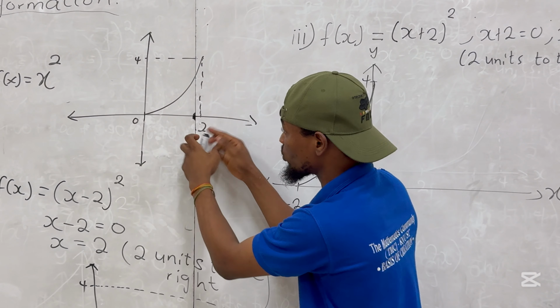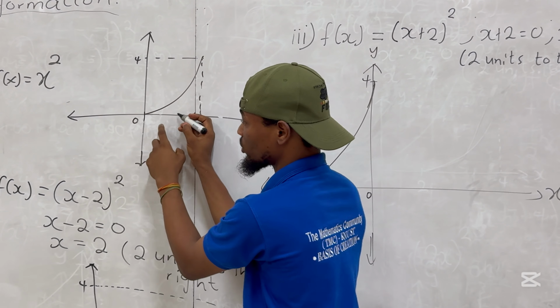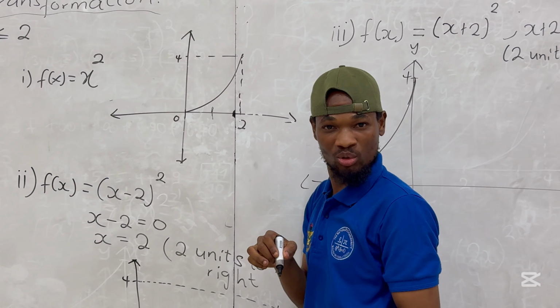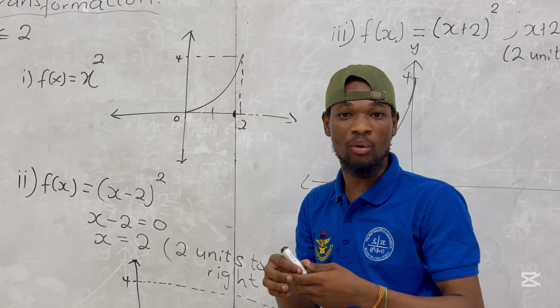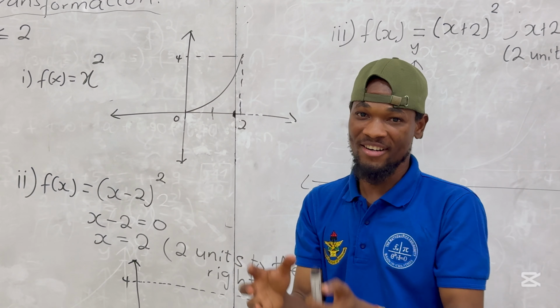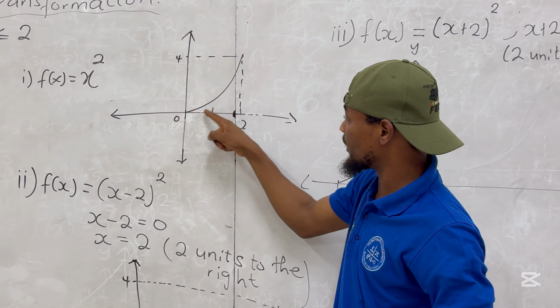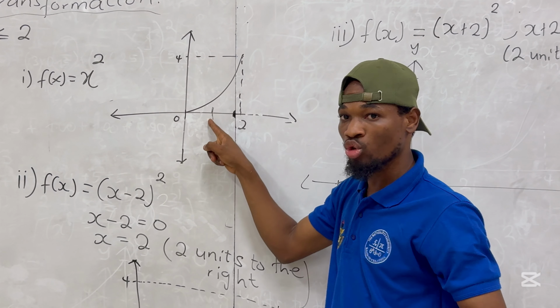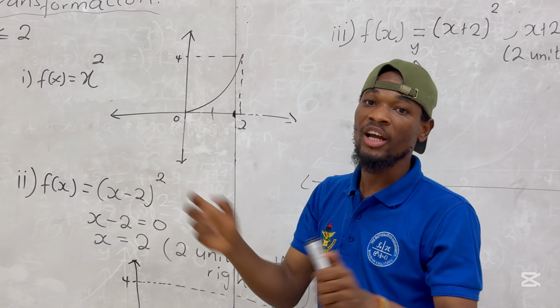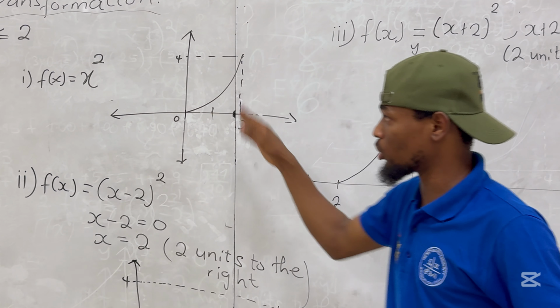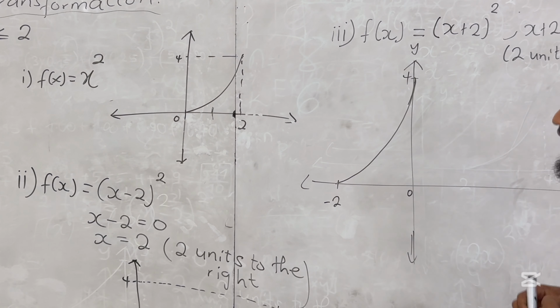So it will just compress it this way, to something around like this portion. Did you get it that way? That's why I say we are compressing the graph. So instead of me drawing it from 0 then up to 2, it will be from 0 to 1, because there is a shrinkage.